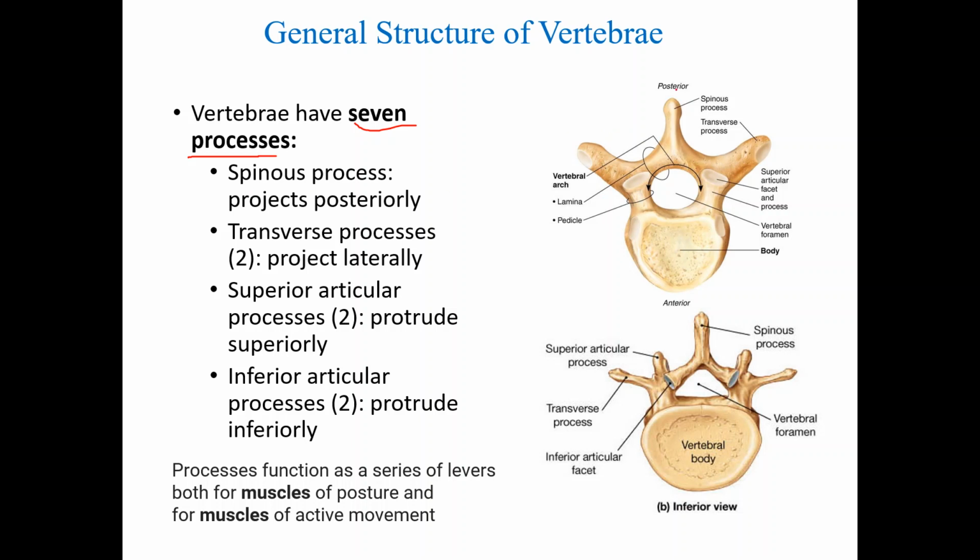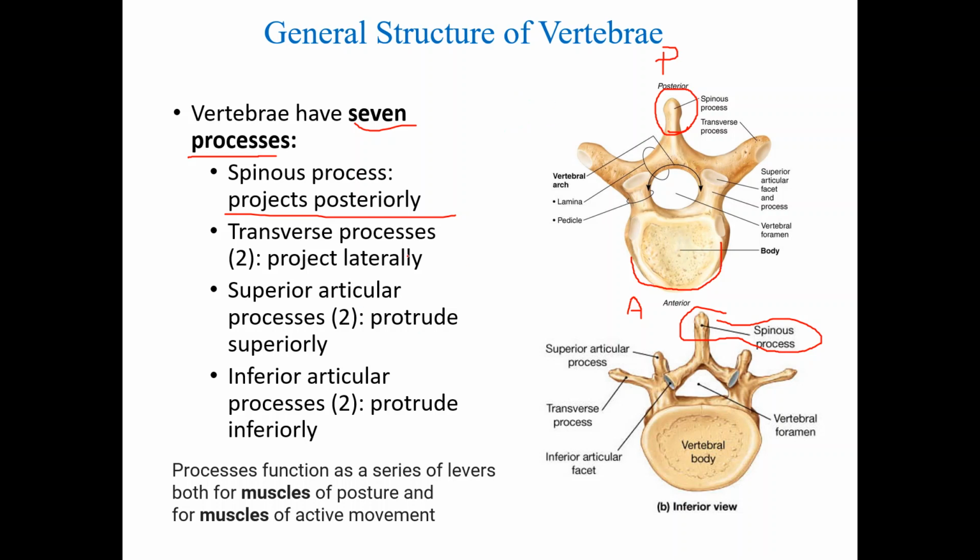The first process, very prominent, very visible, is your spinous process, which projects posteriorly. So when you orient your vertebra and you see this single process, you know that the body you're looking at is your anterior part, and this is going to be your posterior portion of the vertebra, as it is oriented in the body, of course.